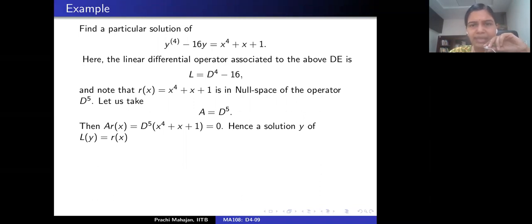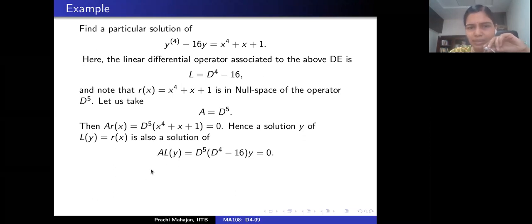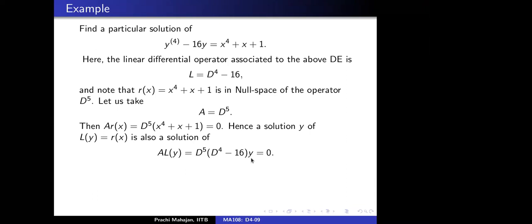Any such Y is also a solution of the constant coefficient differential equation ALy equal to 0, which in this case is the operator D^5 applied to D^4 minus 16. The order doesn't matter because we are dealing with constant coefficients. Is this okay?